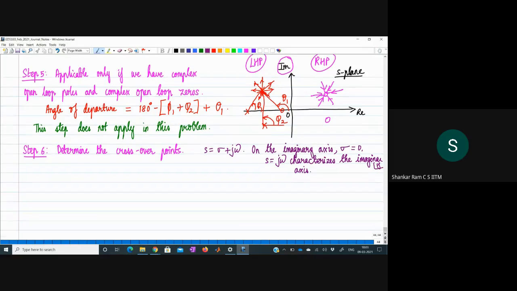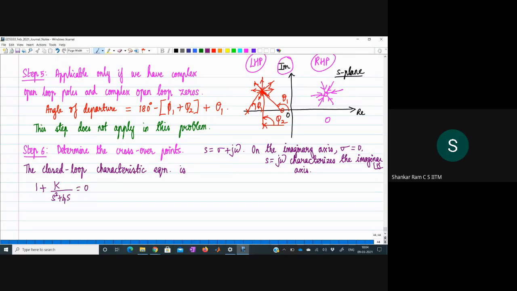So if you want to determine the potential crossover points, this is what we need. The closed loop characteristic equation is 1 plus k divided by s square plus 4s equals 0.